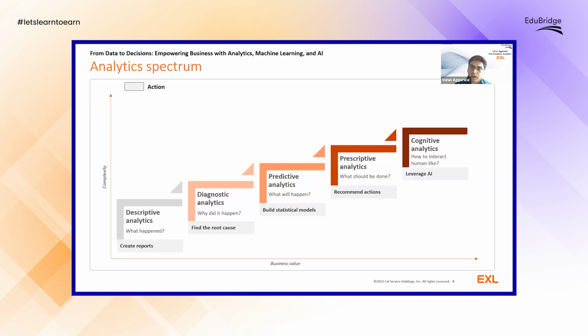Now, the last part, cognitive analytics. Here AI needs to be fully leveraged. Though AI is leveraged across, this is the area where you need to leverage the advanced forms of AI and make sure the customer experience improves. Now, what is the opportunity at each of these stages? When you're creating reports for descriptive analytics, the opportunity lies in making it more and more automated.